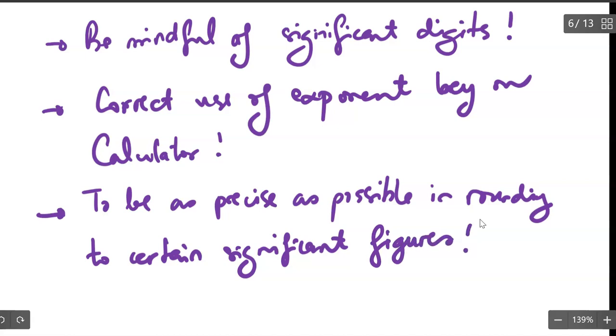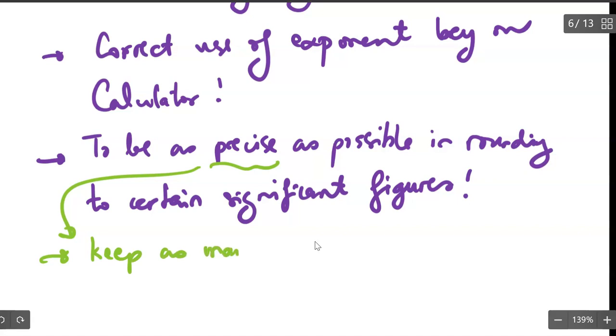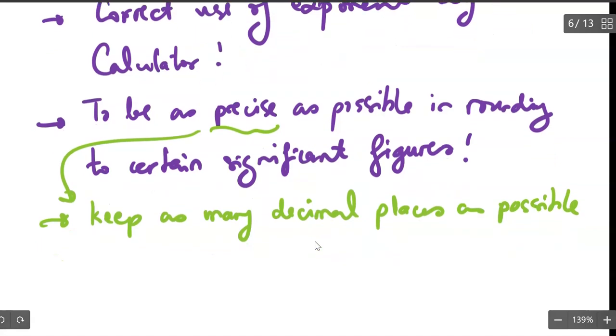Okay, and how do we keep our final answer as precise as possible? That means you have to keep as many decimal places as possible in our calculation.